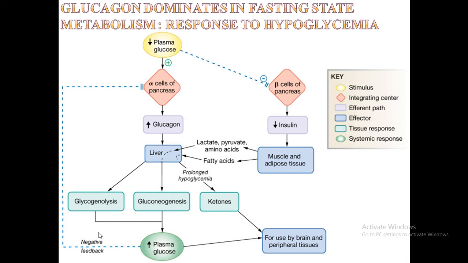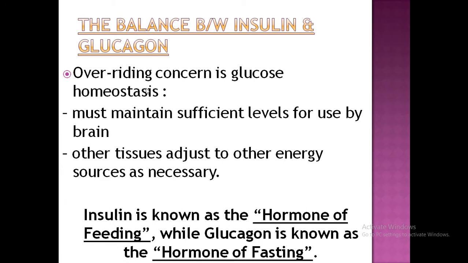Through the negative feedback mechanism, the further secretion of glucagon is inhibited. So there is a balance between insulin and glucagon, and we can say that insulin is a hormone of feeding while glucagon is a hormone of fasting.